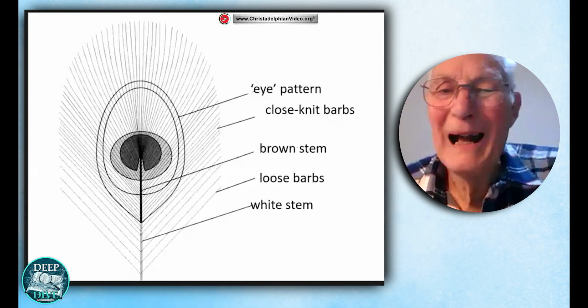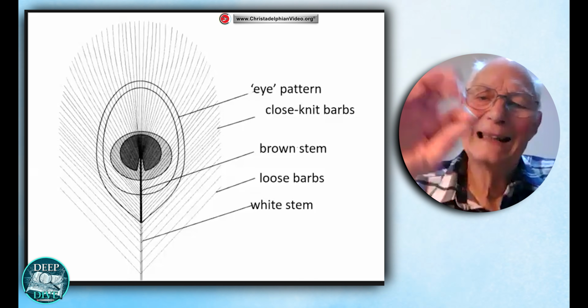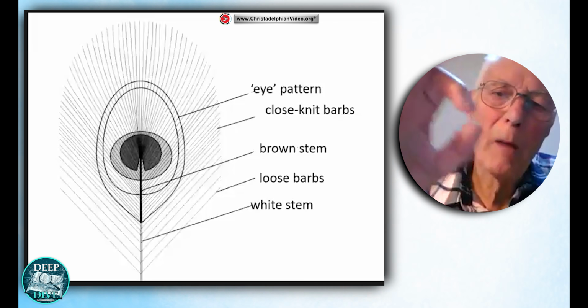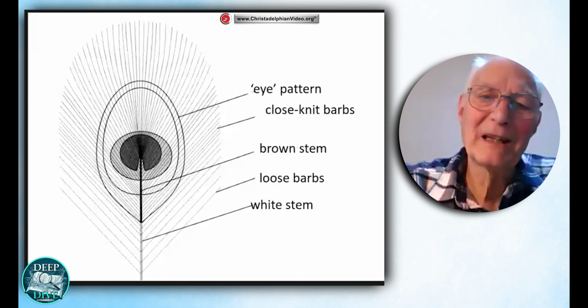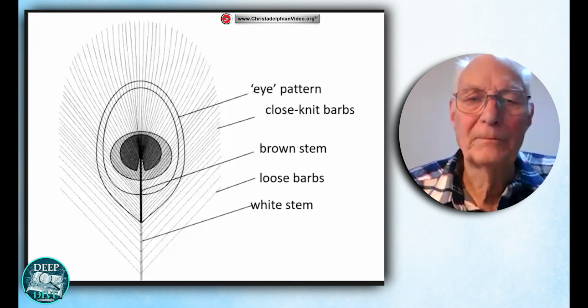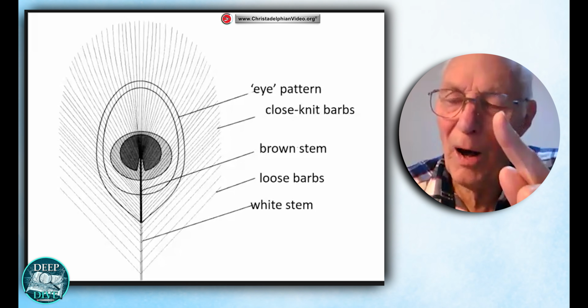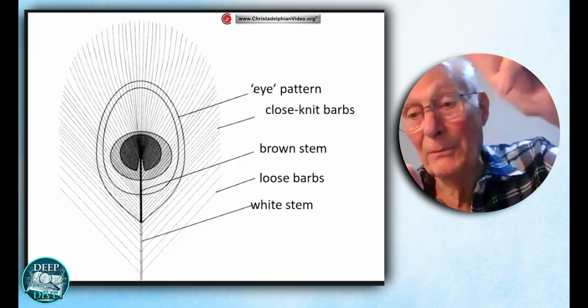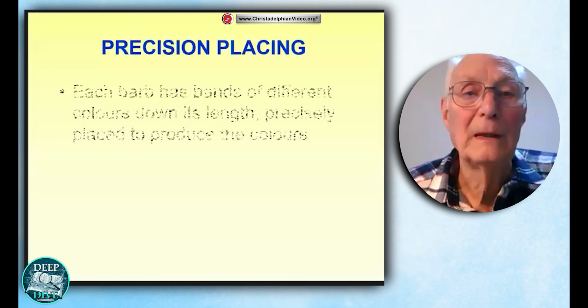And the eye pattern is formed by an individual barb going out from the stem, the rachis, which has different colours as you go along its length. And they're slightly different for the next barb, so that the eye gradually becomes formed as you go further away.